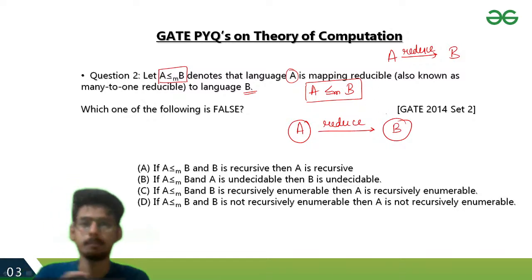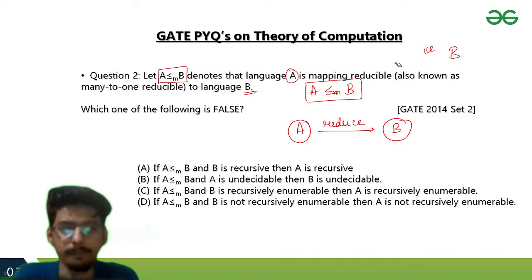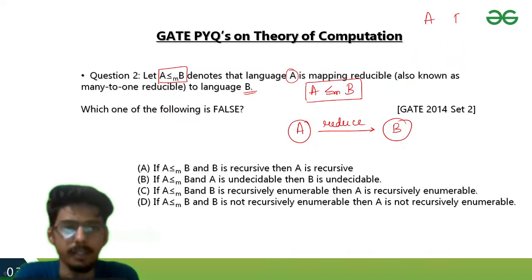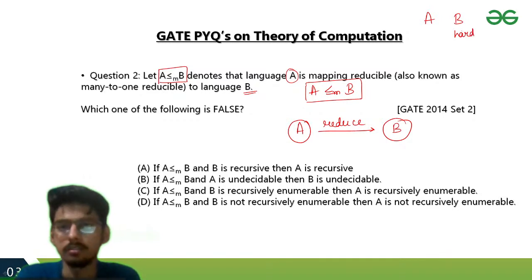If I say that B is at least as hard as A, let me break it down this way. What are the options which I have? A and B. If B is hard, then A definitely has to be hard. No, sorry.